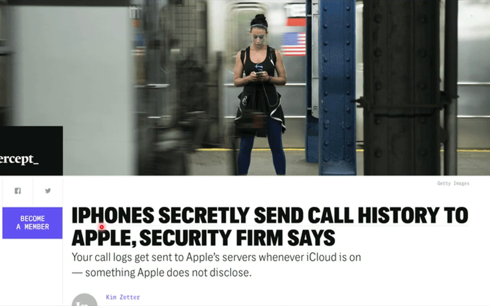It sends me a message that it is violating my personal space. They have to respect my property and my history. They don't have the right to send this call history to any firm.